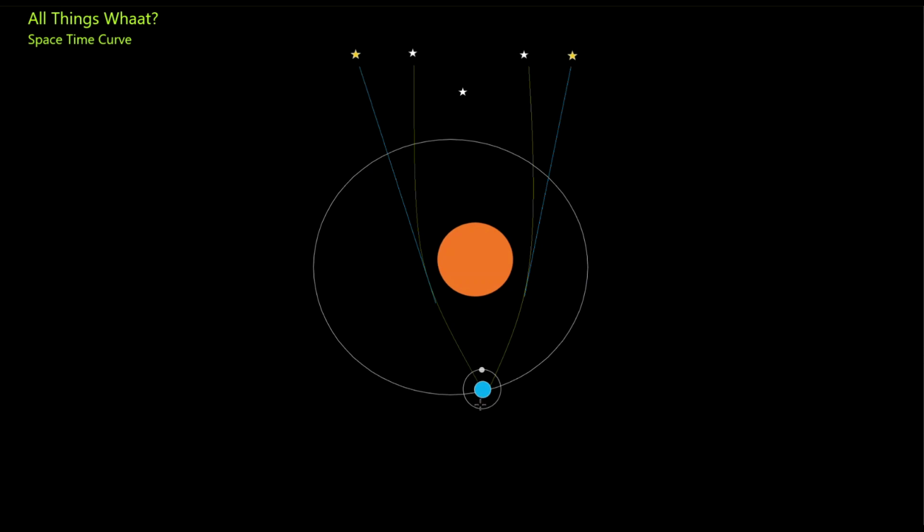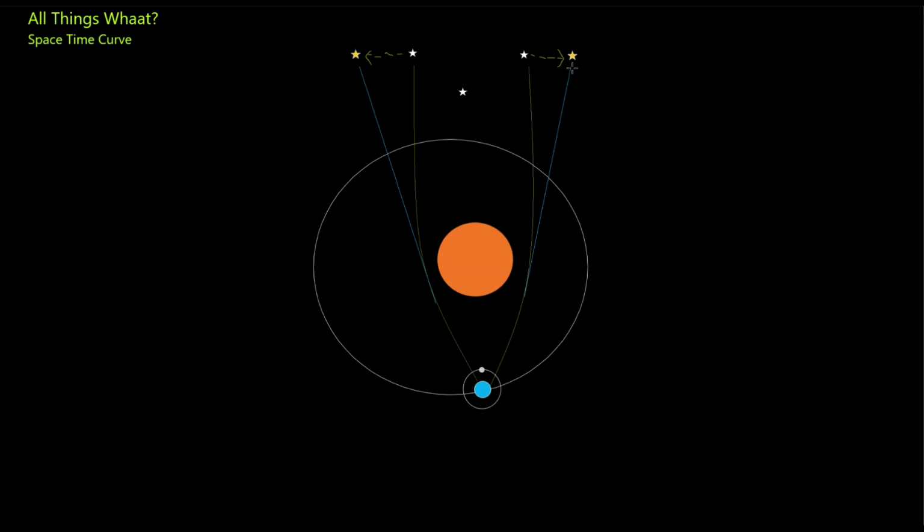So what did Eddington observe? He saw that the stars were actually shifted outwards. So these white stars here, they were shifted and they appear to be slightly off position from the actual location and towards outside.